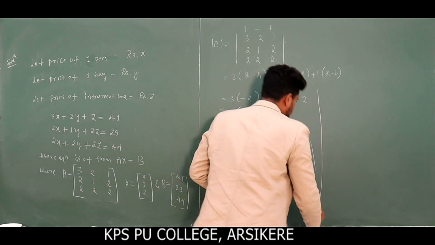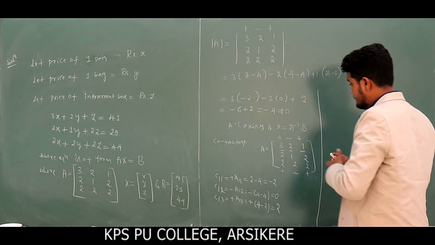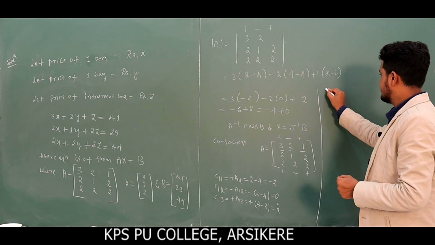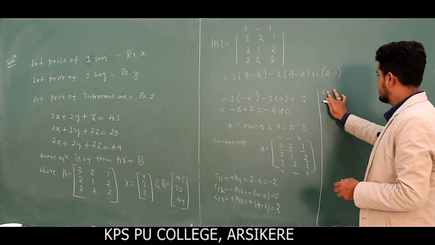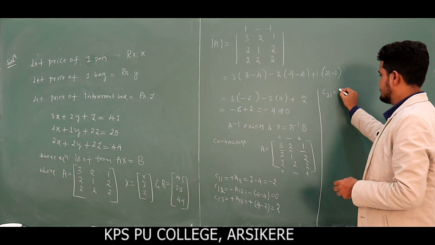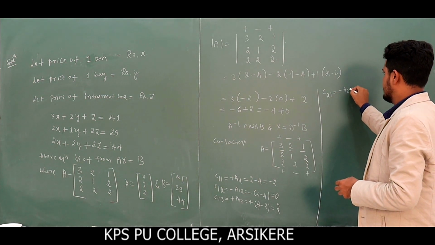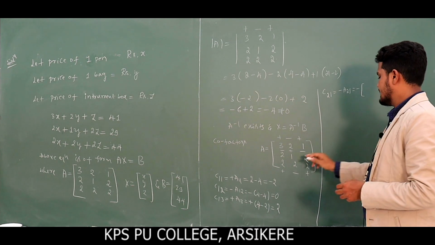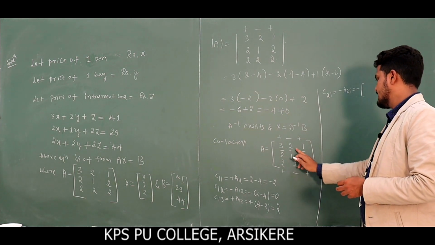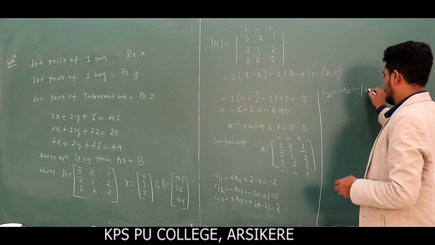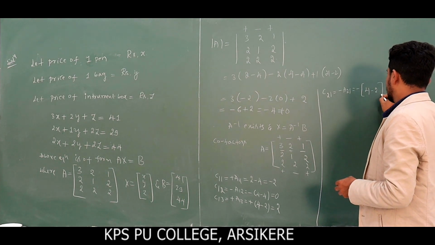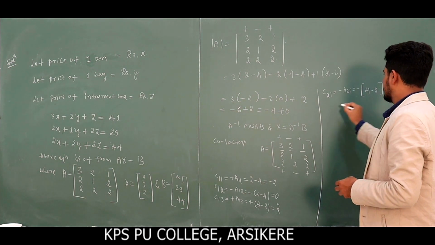In the same way, next C21, so minus A21, eliminating second row first column: 2 into 2 is 4, 4 minus 2 which is equal to minus 2.